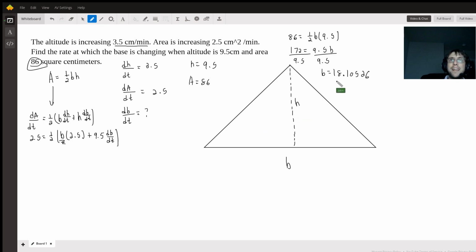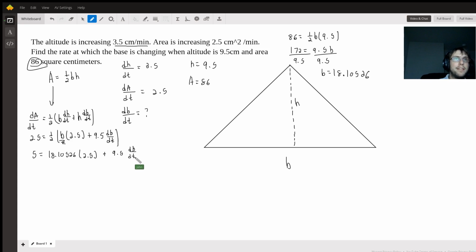So now that I have that number, I can plug that in. Again, I'm going to multiply by 2 and get rid of this 1/2. So that means 5 is equal to B, which is 18.10526, times 2.5, plus 9.5 dB/dt.